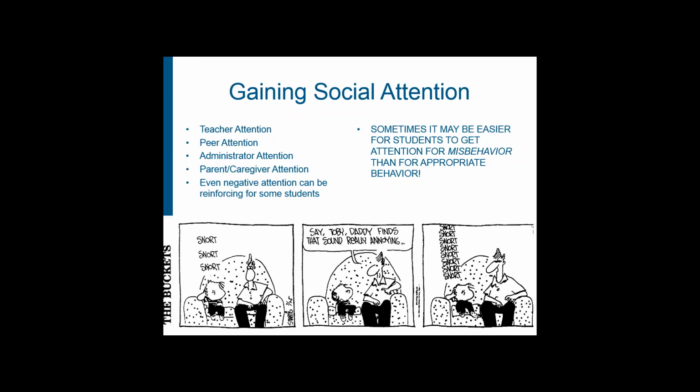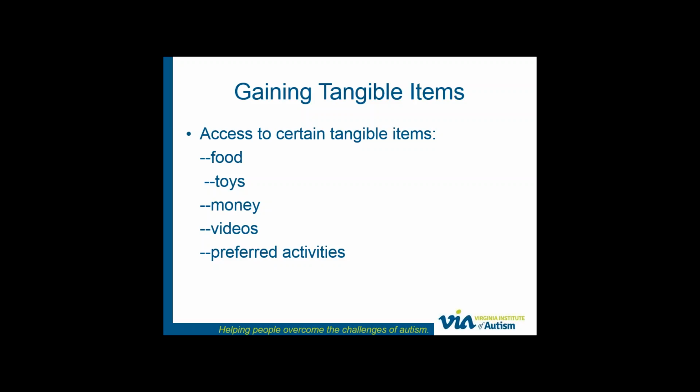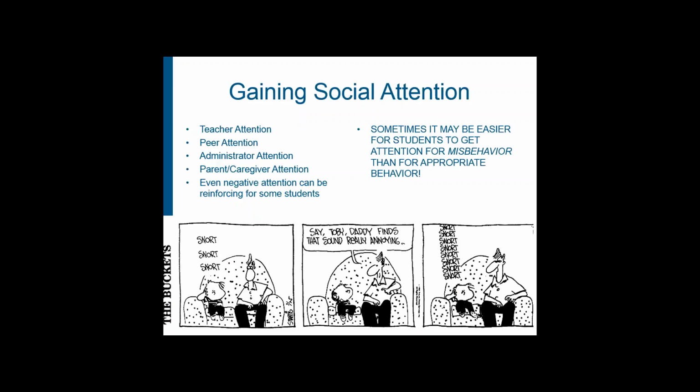So for example, in this cartoon here, Toby is snorting. He probably is just snorting because there's something stuck in his nose. But Dad says, "Say, Toby, Daddy finds that sound really annoying." So Toby just snorts more. So clearly that reprimand did not work, or the explanation, it actually increased the behavior. Do you guys have any questions about social attention before we move on?